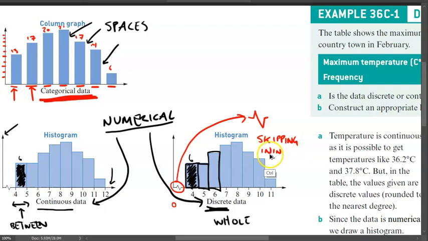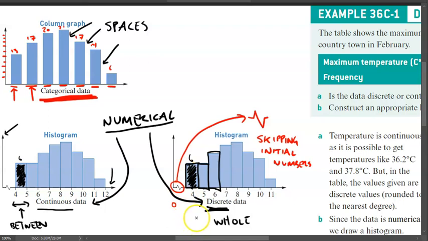I spelled that incorrectly. There we go. Initial numbers. We're skipping initial numbers, so we're skipping from 0 all the way to, in this case, 4. Technically, I could have drawn this with just a longer line where it went 1, 2, 3, and then 4. Could have started around here. But for this example, we're just going to skip it and go straight to 4.